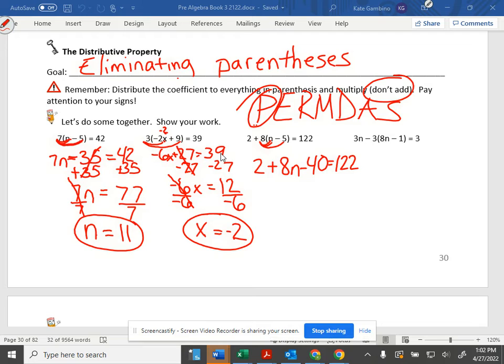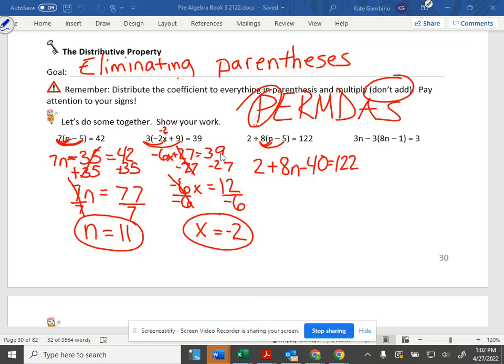What's my next step? What should I do next, Briggs? Oh, you should combine the 2 and the 40. Before I move my constants over to the other side of the equal sign, what should I do before I move them over? Ashley: 2 minus 40. Yeah, I want to combine like terms.